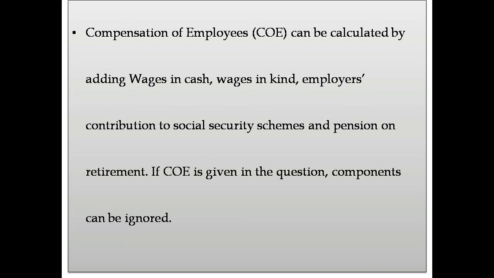Suppose wages is given and employer's contribution is given, add those two, you will get COE. Let me repeat, COE is equal to wages in cash, wages in kind, employers' contribution to social security schemes and pension on retirement.